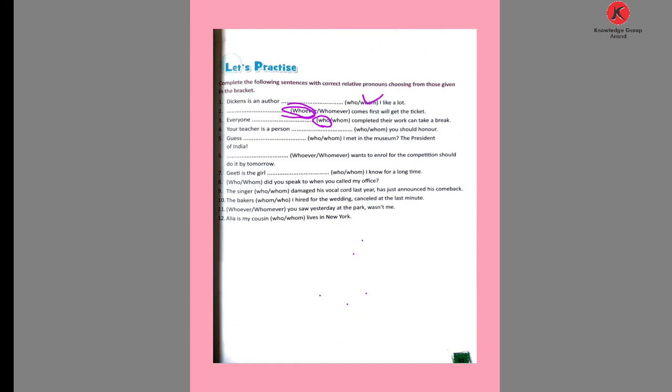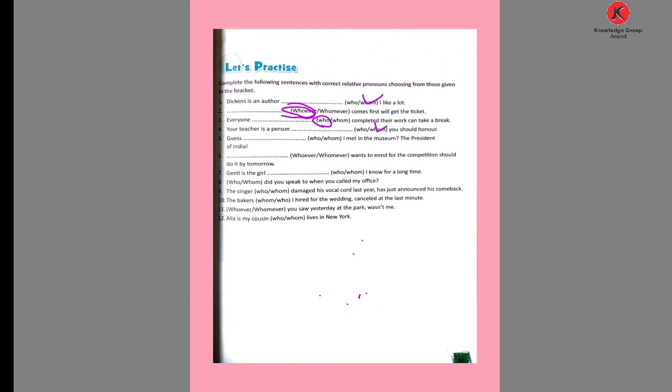Now number 4. Your teacher is a person blank you should honor. Whom. Talk about whom you should honor. Number 5. Gaze blank I met in the museum the President of India.